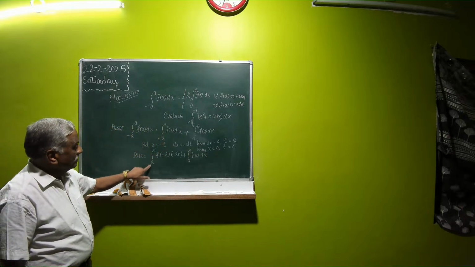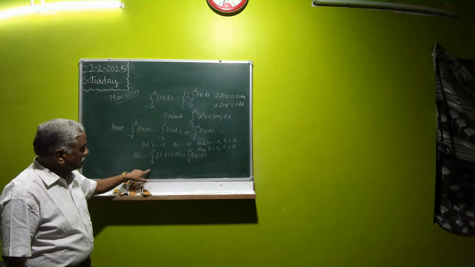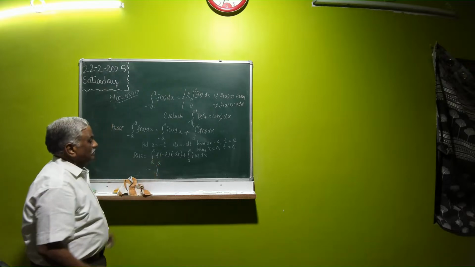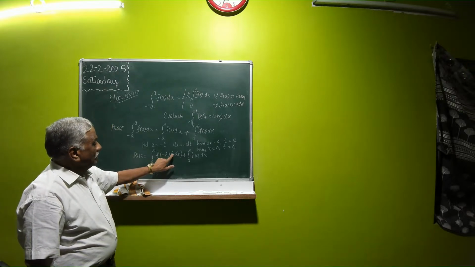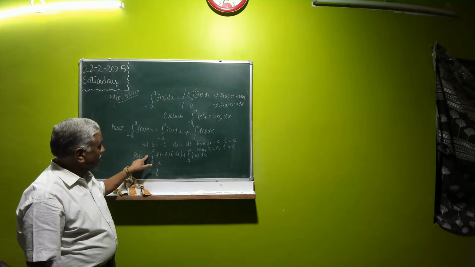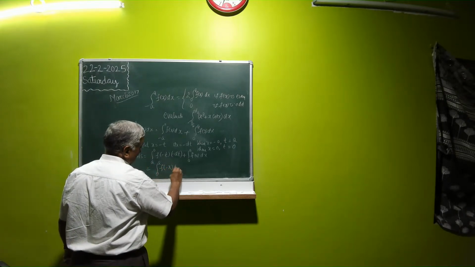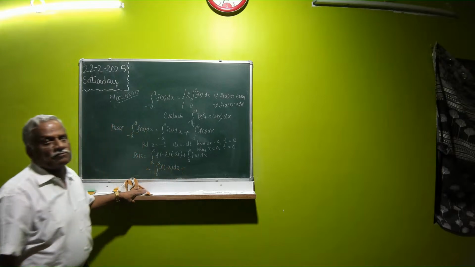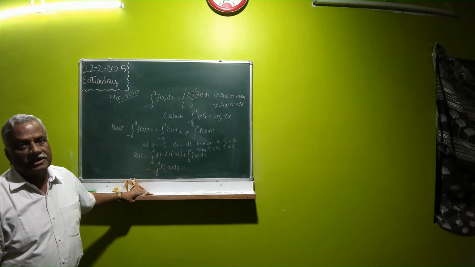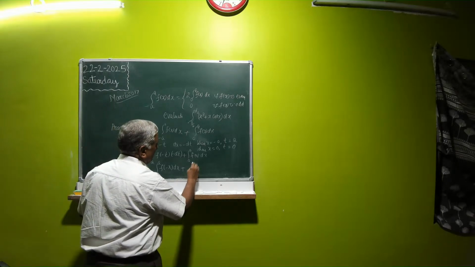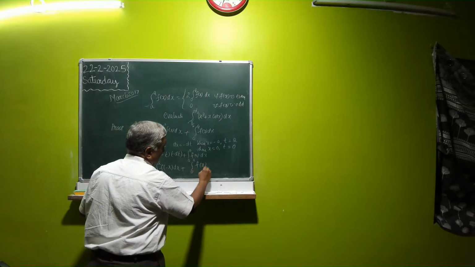Now here, a to 0 will become 0 to a by taking out this minus sign. And I will write this as f of minus x dx. I am using one more formula: a definite integral is independent of the variable. Plus integral 0 to a of f of x.